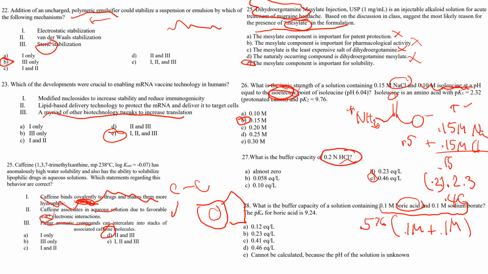But when you do that, it's 0.2 times 0.576. I got 0.1152. This rounds up, it's A, and that's how you solve this one. So again, 2 different buffer equations, this one using 2.3 for strong acids and bases, this one using 0.576 for weak acids and bases, but that's when you use those.